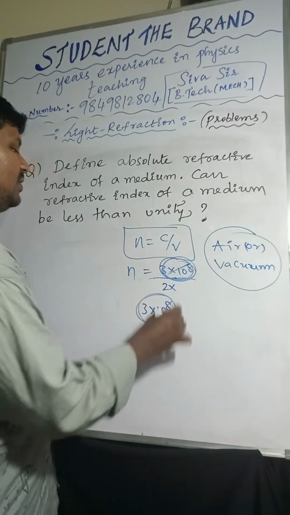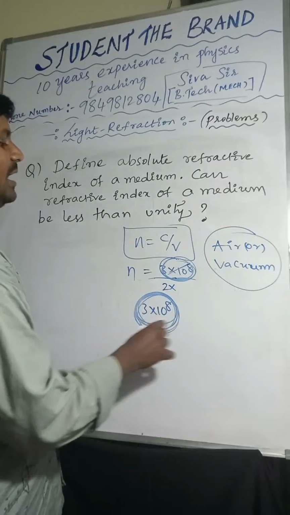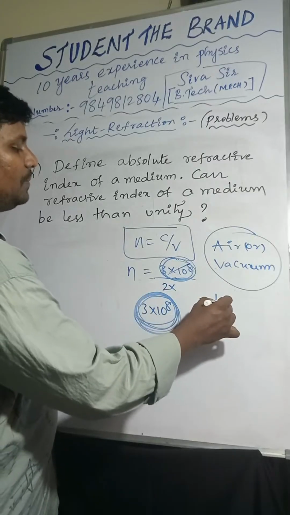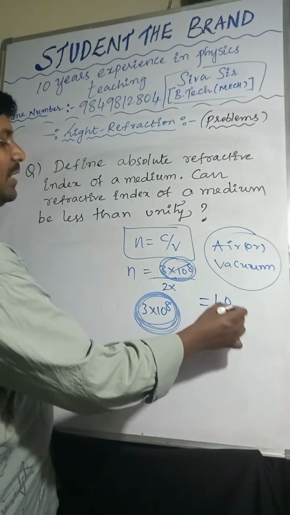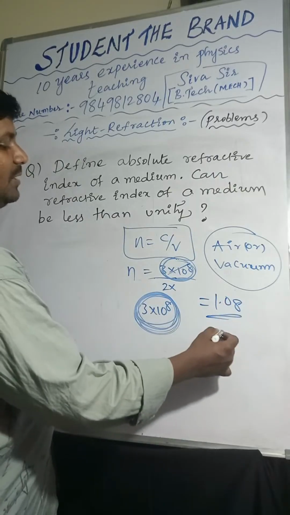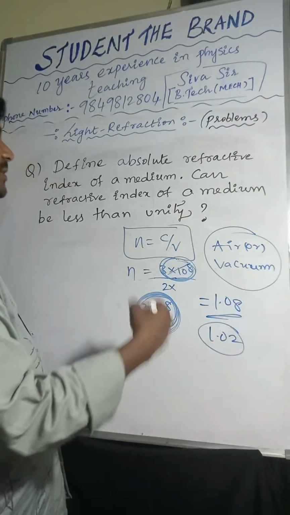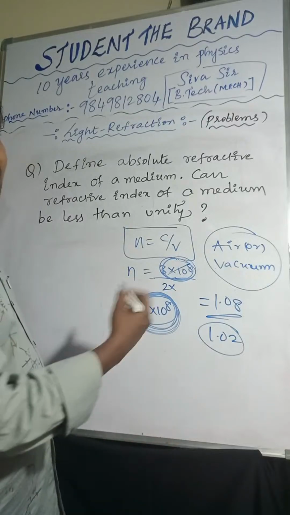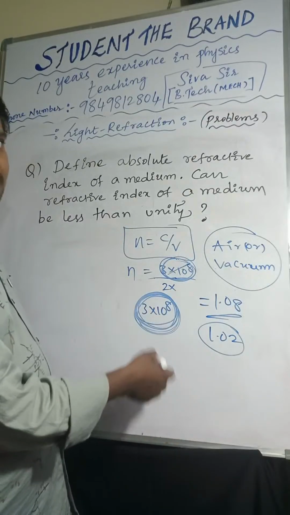That's why you get 1 point something, like 1.2. So it must be greater than 1.